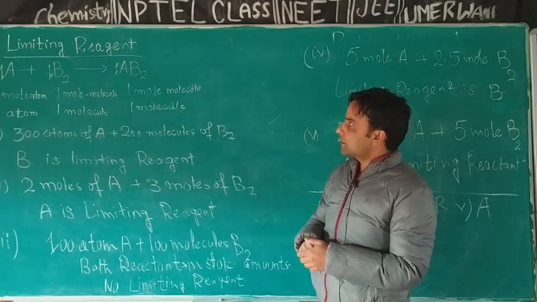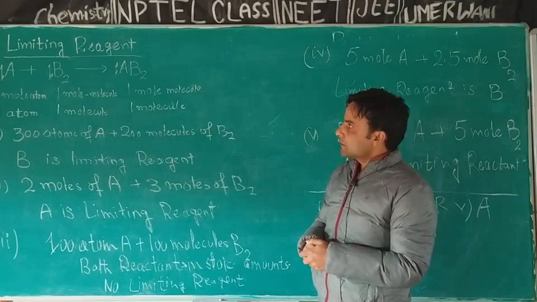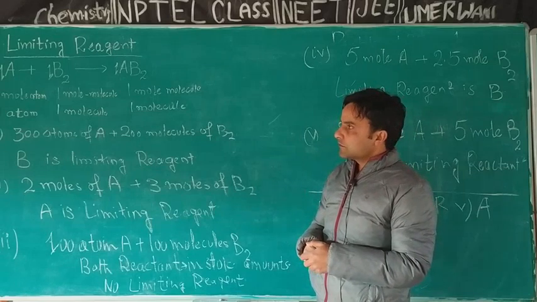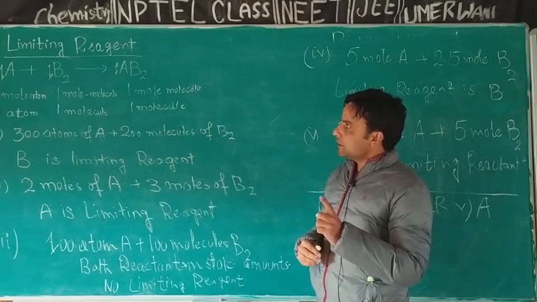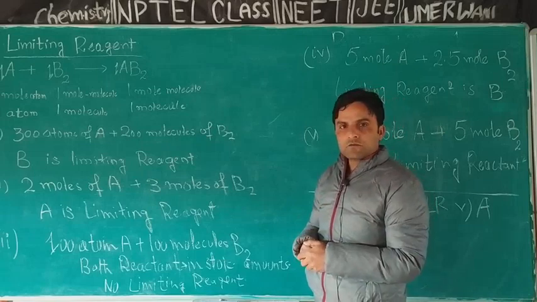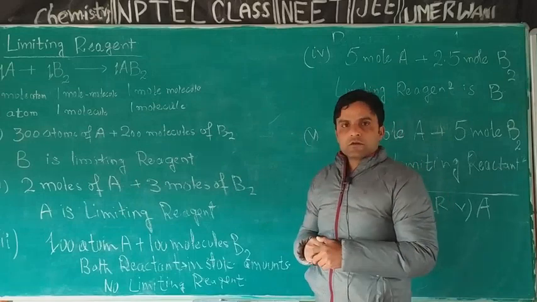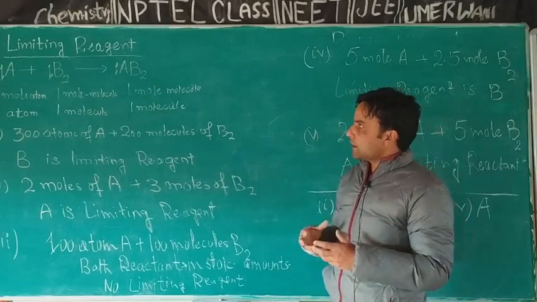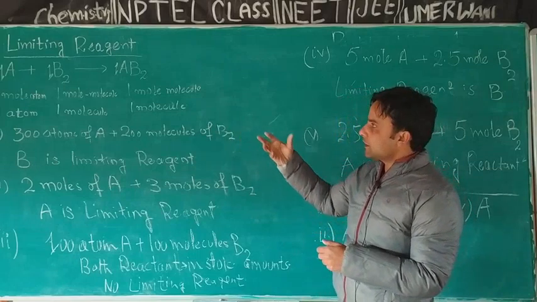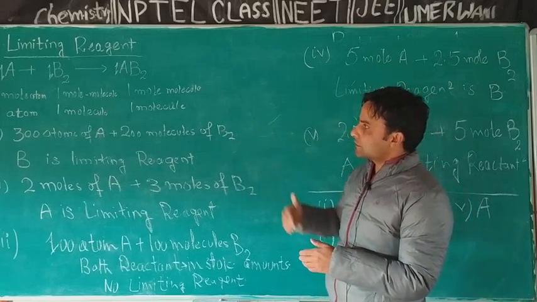From this balanced chemical reaction, the quantitative information is that for 1 mole of A we need 1 mole of B2, and for 1 atom of A we need 1 molecule of B2. This is the stoichiometric ratio, or required ratio, of moles or atoms of A and B2 with which we have to start, and which we have to maintain during the course of this reaction.